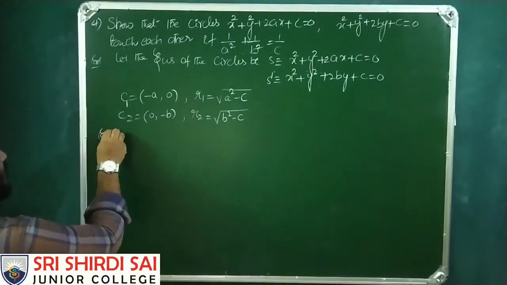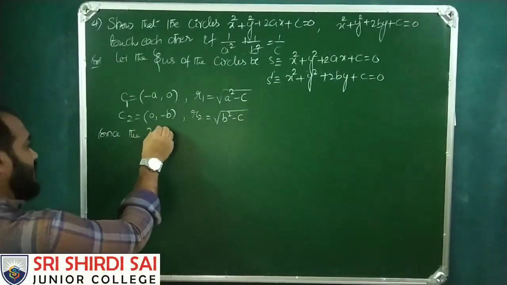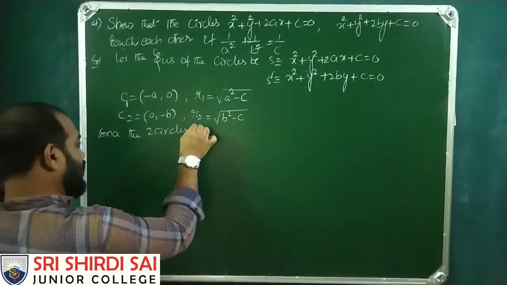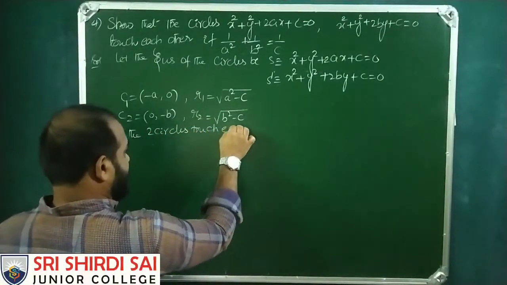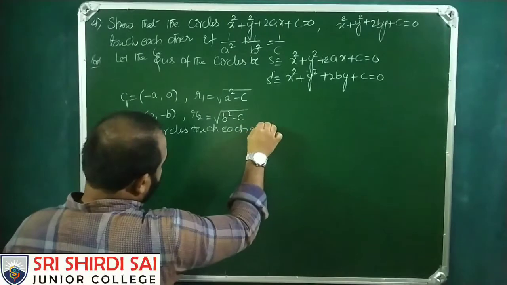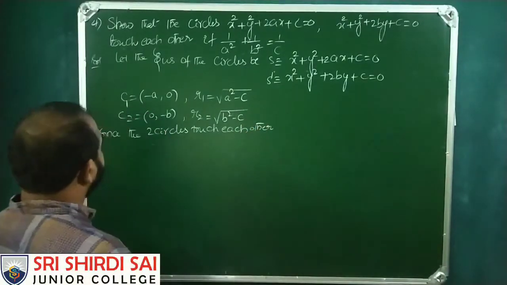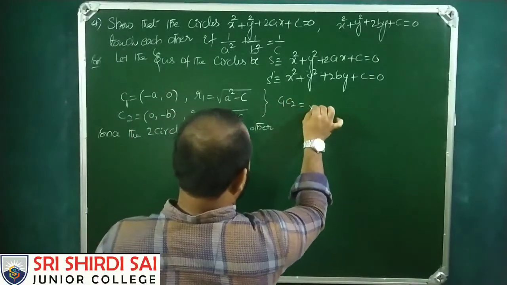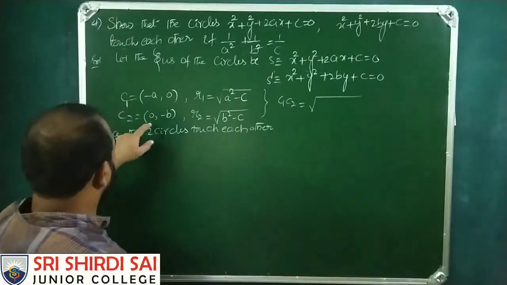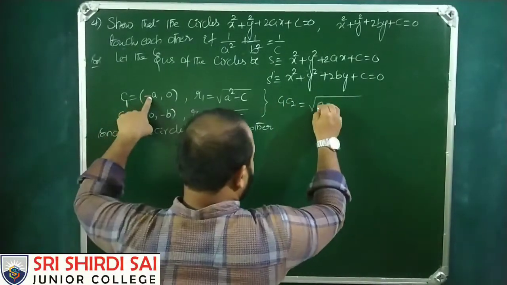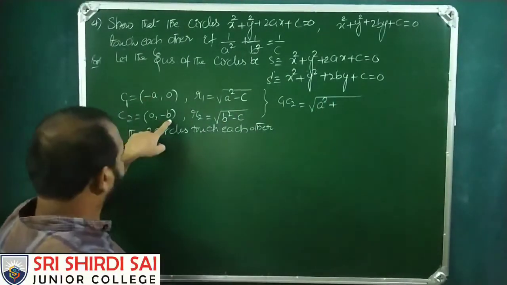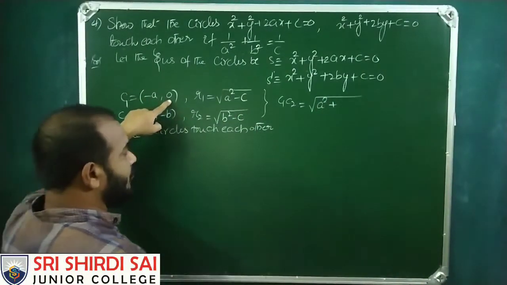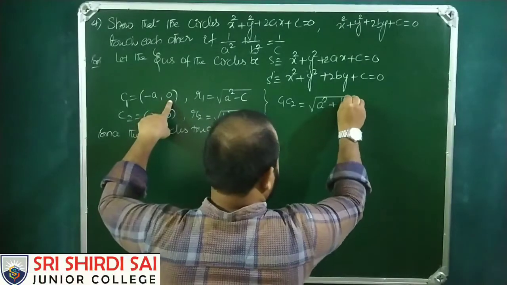Since the two circles touch each other, this implies, and what is C1C2? C1C2 is square root of 0 minus a whole square, so a square, plus minus b minus 0 whole square, which is b square.